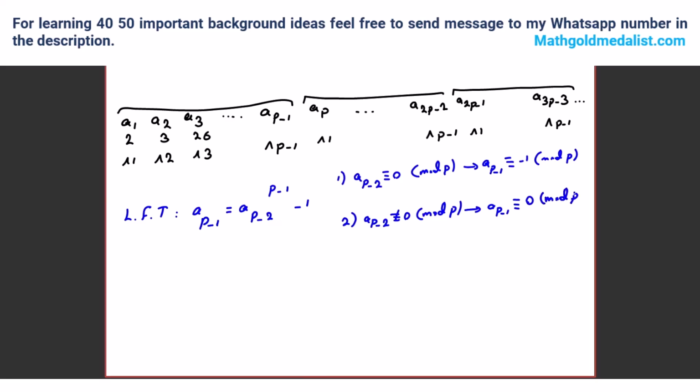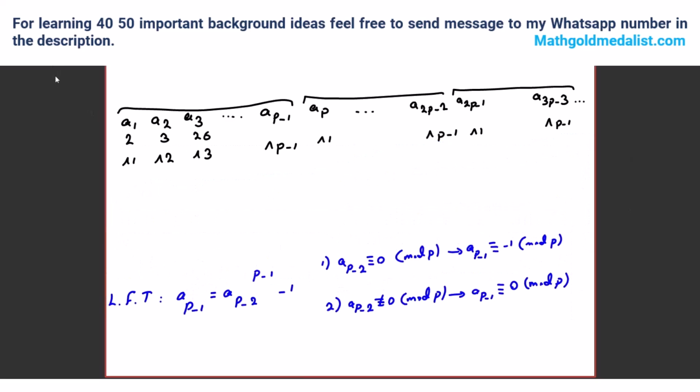Okay. And as you can see, for these cases we also have the same thing. Because when you raise to the power of P minus 1, we said it's equivalent to 1. So the previous one is important. If it is 0, then the next one is negative 1. So let's consider cases. Let me move it down.